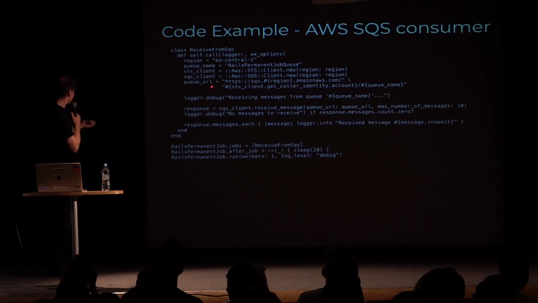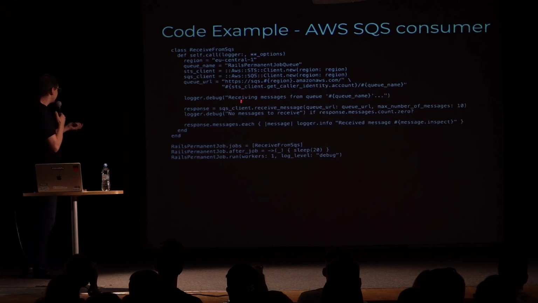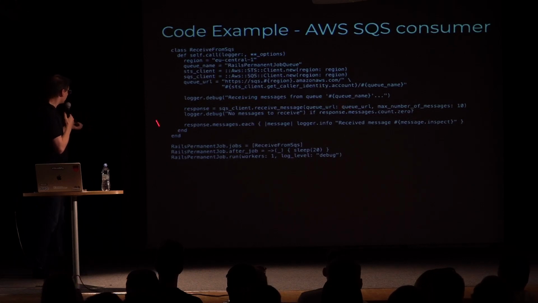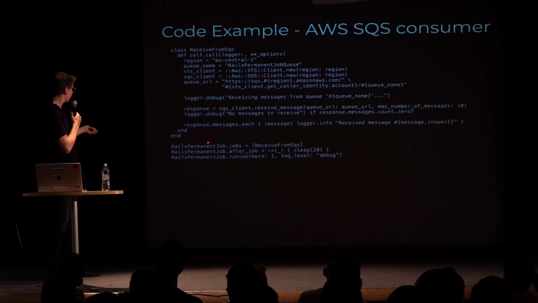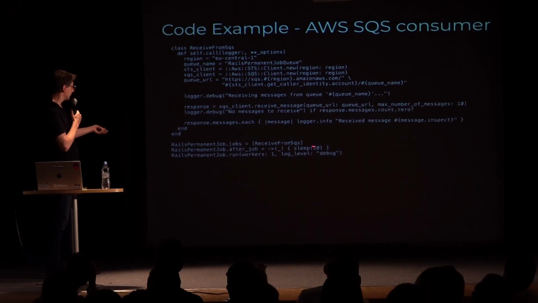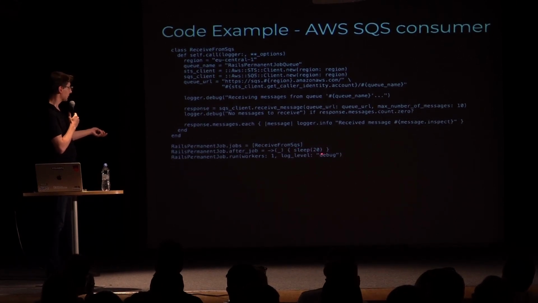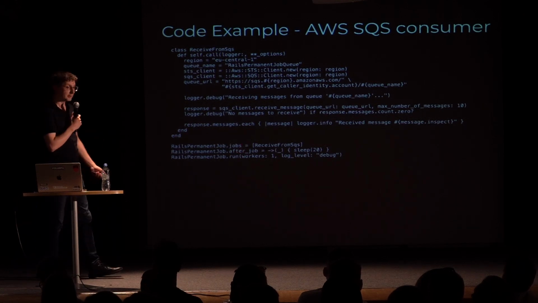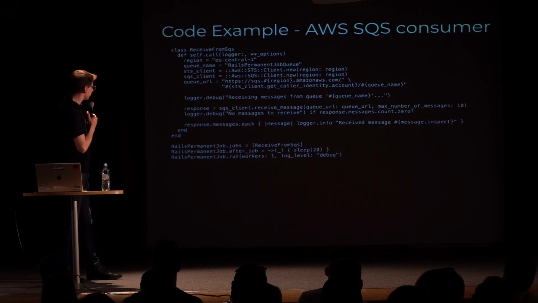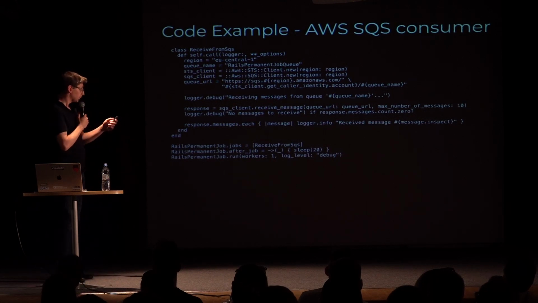You don't have to actually read it, but it just initiates the clients of AWS and receives messages from a queue. So we can create such a class, put it into Raise Permanent Job, define the amount of time that we want to sleep between the jobs, and just run it. As simple as that, and it just works.